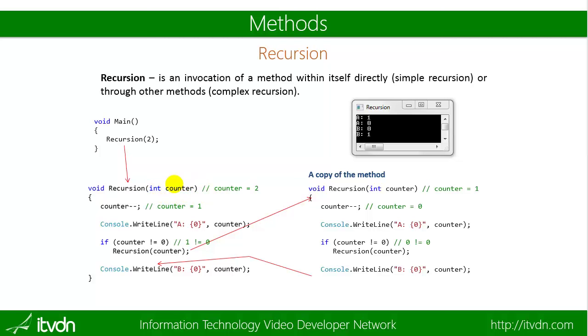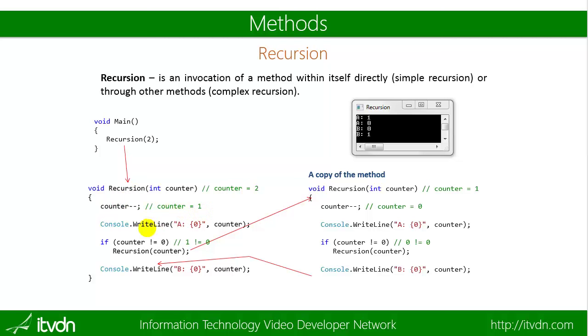Let's say that we assign a value of 2 to this parameter, okay? So now the value is 2 because we have 2 here and we have 2 here, meaning run 2 times, 2 iterations. In the body of this method, you have a decrement. Remember this sign, decrement now. So counter minus 1, 2 minus 1 is equal to 1.